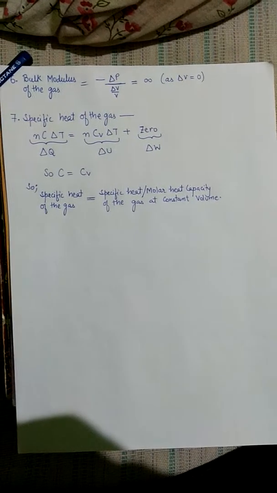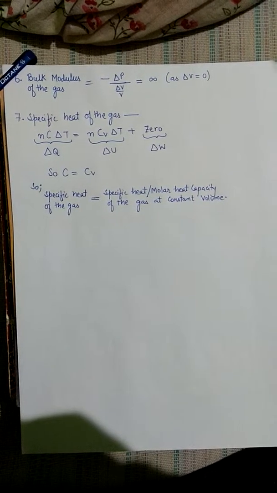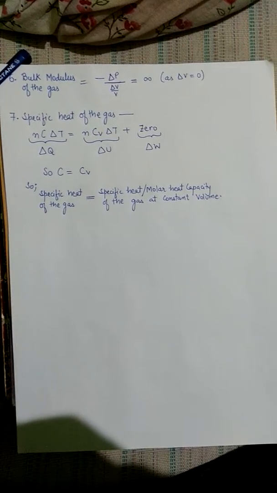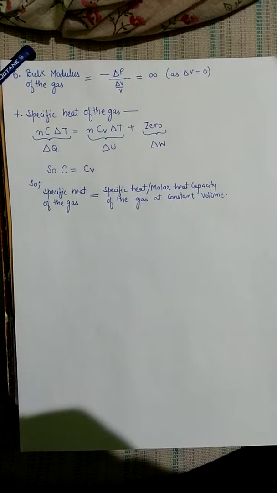So what is the specific heat of the gas? We know that delta Q = nC delta T and delta U = nCv delta T, where Cv is the molar heat capacity of the gas at constant volume.